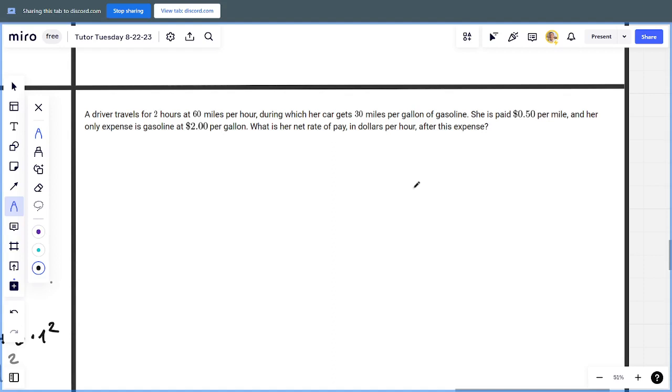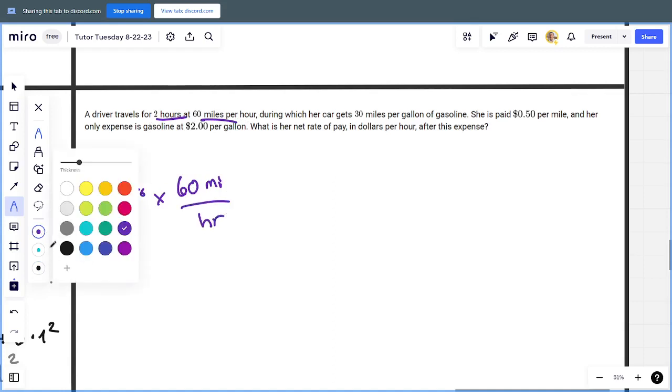So let's see. Travels at 60 miles per hour for 2 hours. So let me write this in purple. 2 hours times 60 miles per hour. Hours and hours will cancel out.